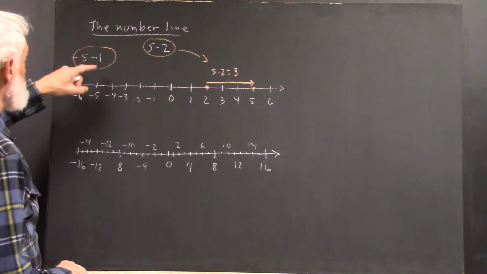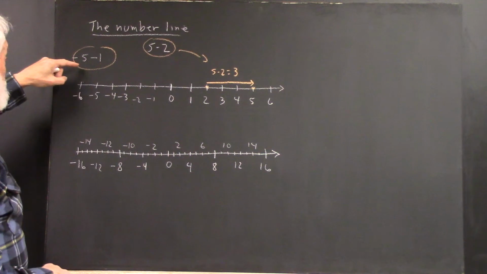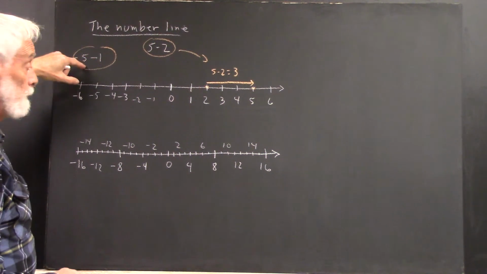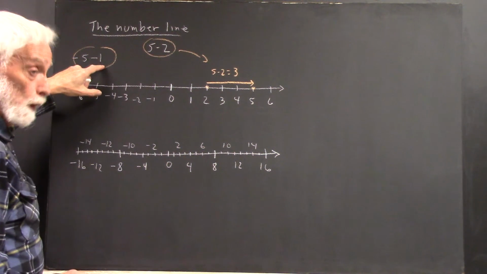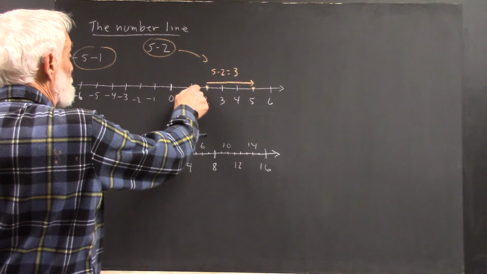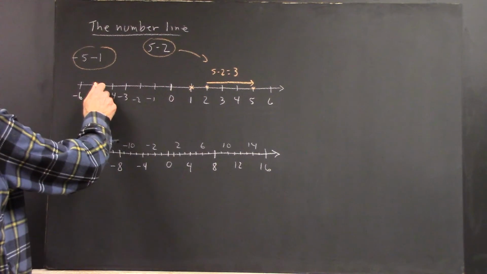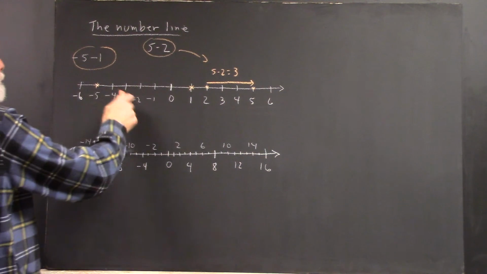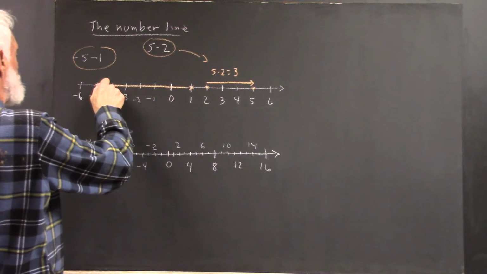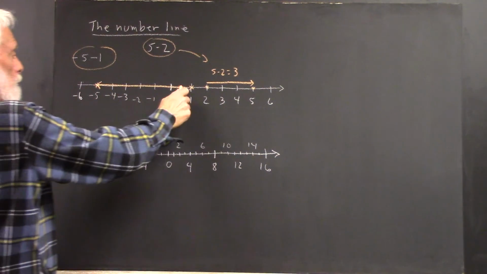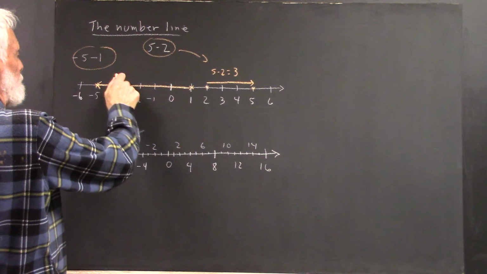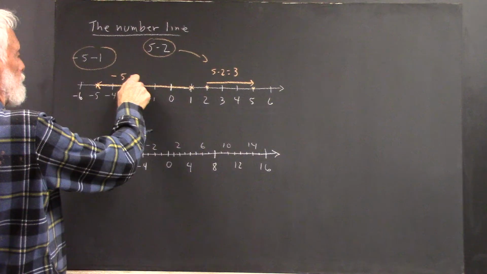We're going to start at 1, and we're going to move to -5, because we're subtracting 1 from -5. Okay, so we start at 1, and we move to -5. Okay, so that's the arrow that represents -5 minus 1.